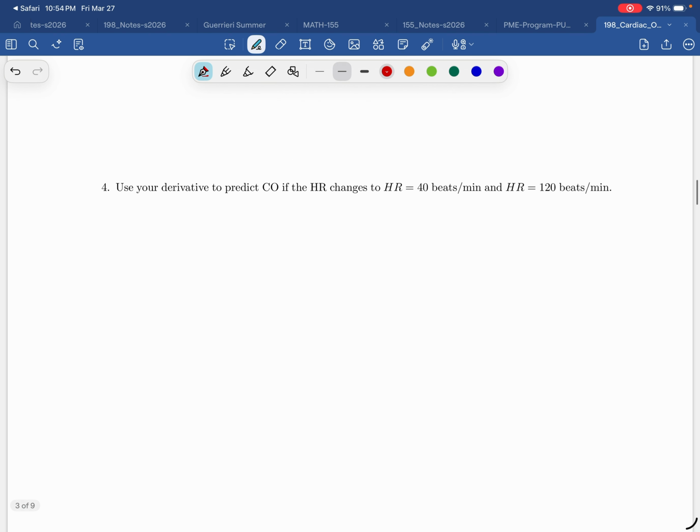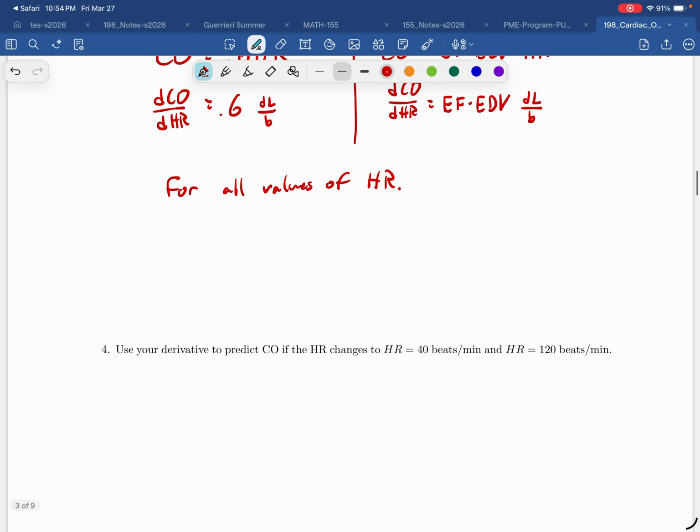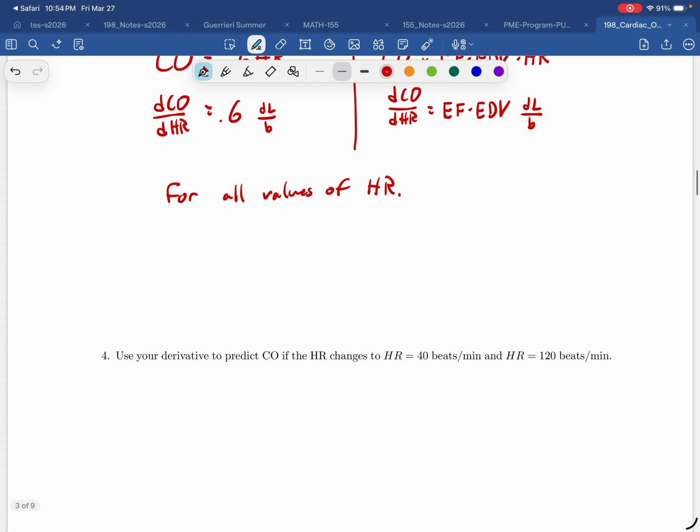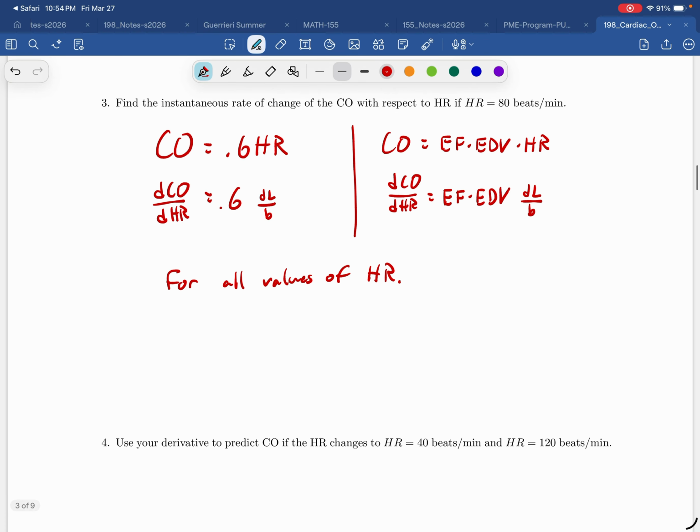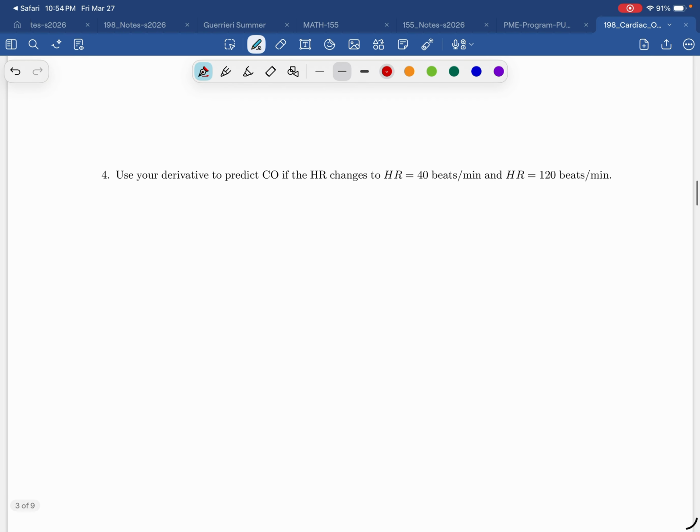All right, so number 4, use your derivative to predict CO if heart rate changes. Well, first of all, we know the function for cardiac output, right? So on the one hand, I'll do this on the side, in blue, because this is not what we're supposed to be doing.